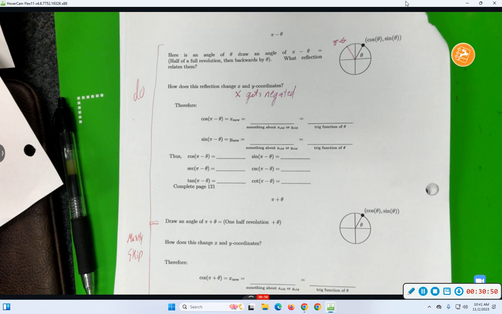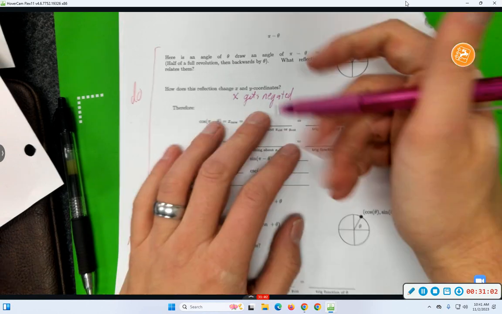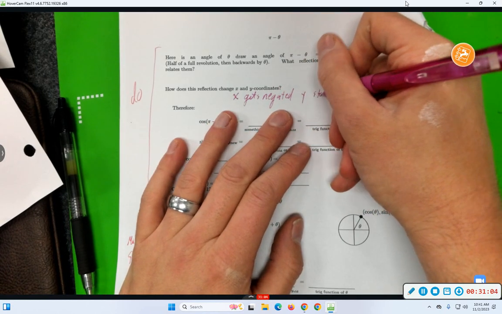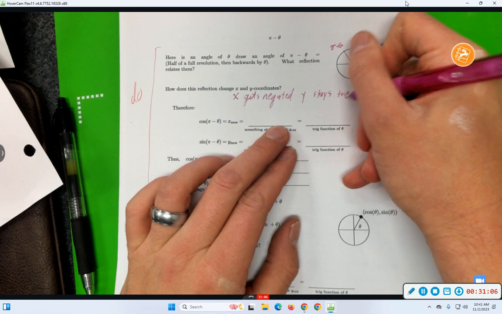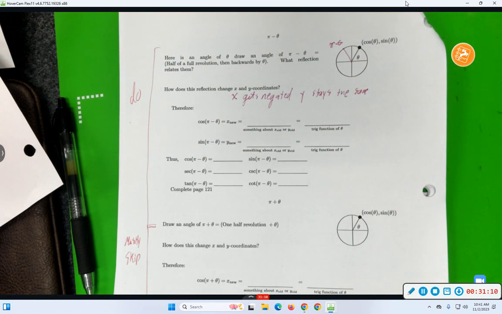What about y? Y values stay the same? Does that tell you how sine and cosine change at least?